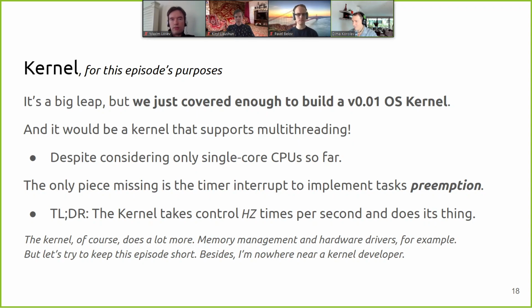So from the product market fit perspective, if you want to build a multi-threaded kernel, you would need to be able to execute those applications in parallel. You cannot expect them to cooperate. And if you want to run two things in parallel, your kernel has to support running two things, each of which believes it's the only one running. This is called preemptive multithreading. So you preempt some other tasks from executing.